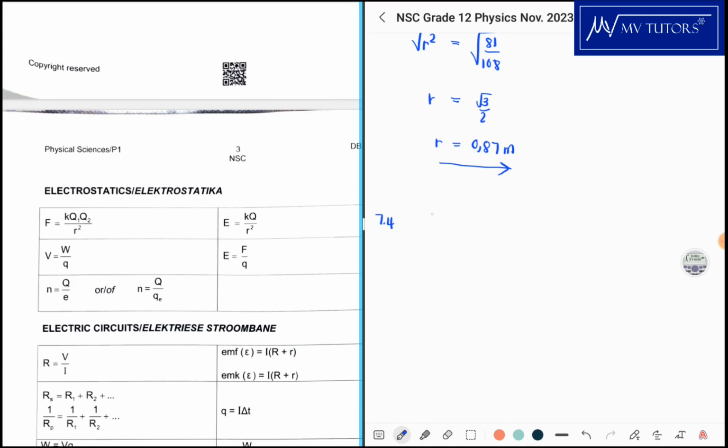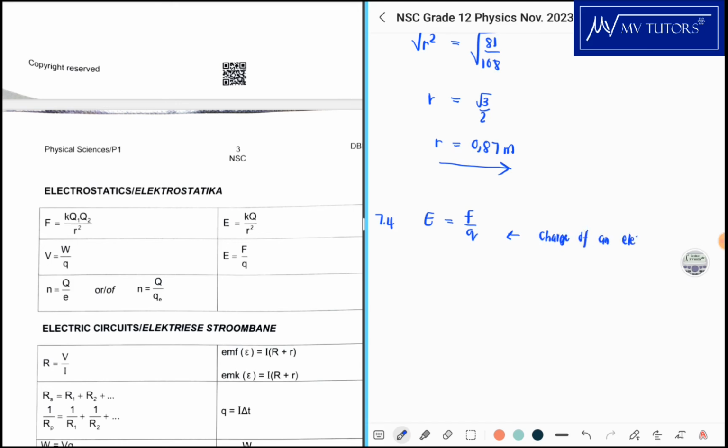I would rather go with this equation where we have F over Q. And this Q over here, because we're now looking specifically at an electron that is placed near P, will be the charge of an electron.